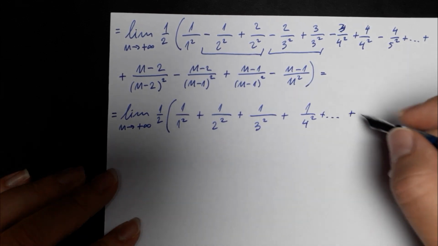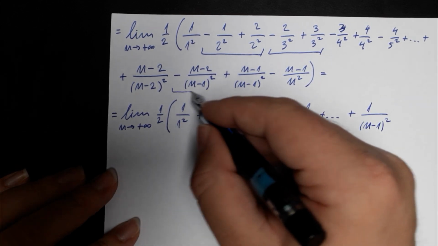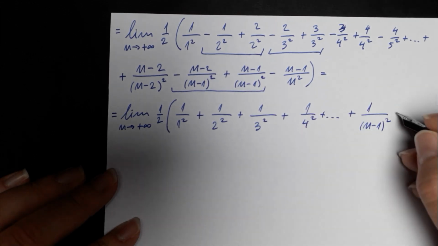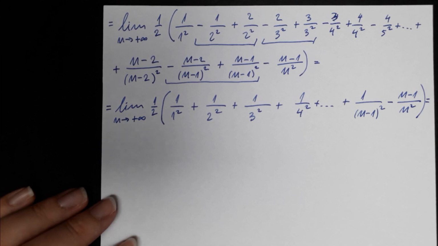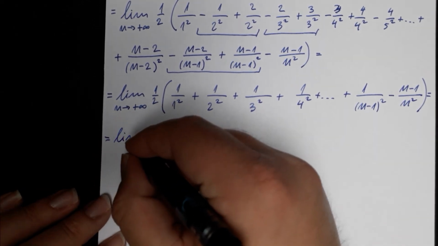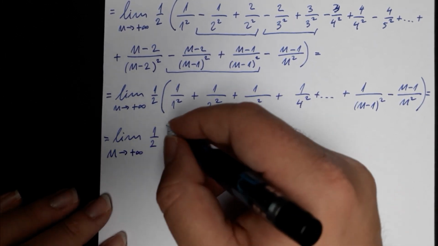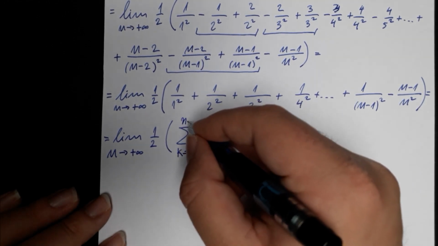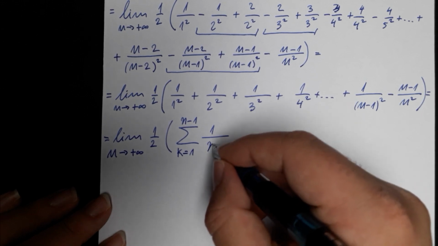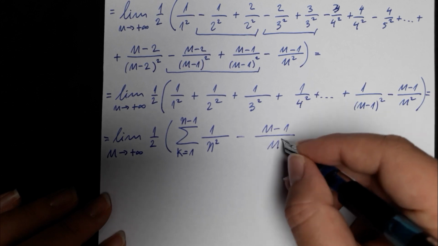The last term is going to be 1 divided by m minus 1 squared. We get it from this point right here, and we are going to rewrite minus m minus 1 divided by m squared. So this is then equal to a limit when m approaches infinity from the positive side of 1/2, we have the sum where k goes from 1 to m minus 1, 1 divided by k squared, minus m minus 1 divided by m squared.